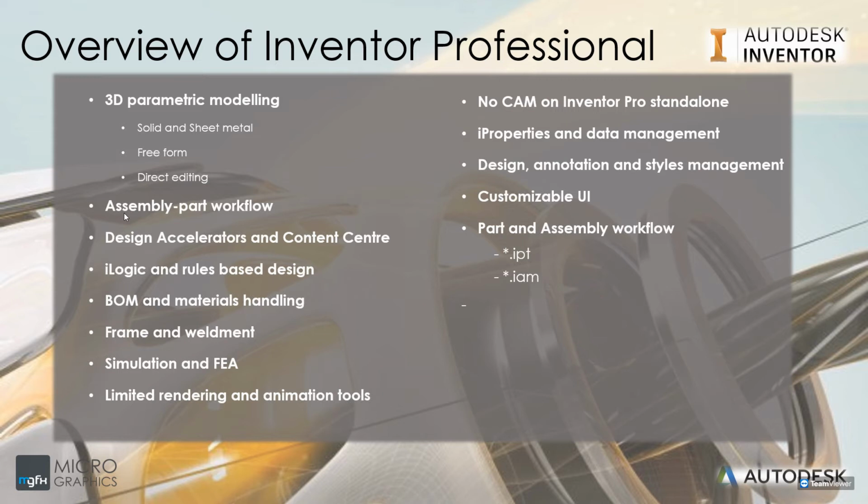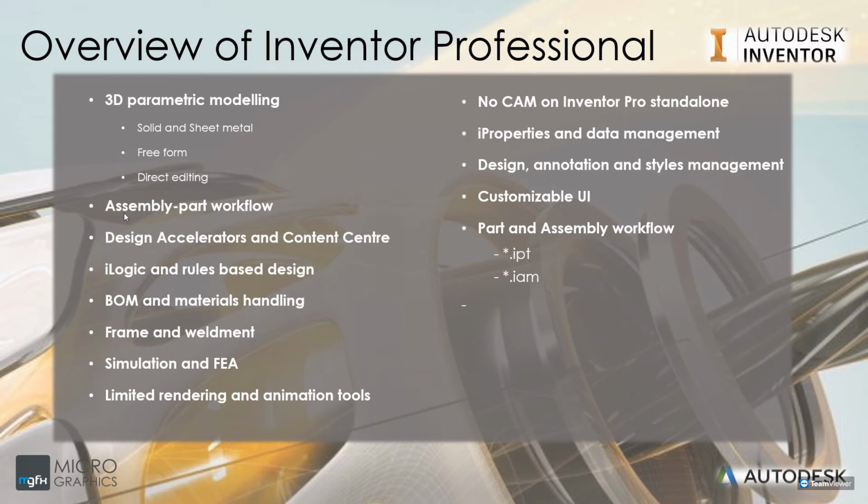Okay. Then we have BOM and materials handling, which is also what you don't find in Fusion 360. So this allows you to create a table of parts and parts list and basically classify each part as a different type. So you can say some of them are purchased, some of them are just an item, a phantom item, etc. We also have the frame generator and weldments, which you will not find in Fusion 360.